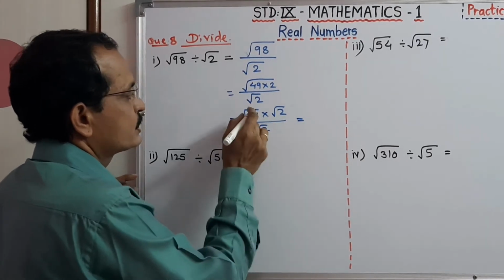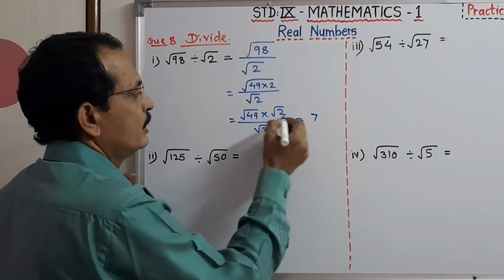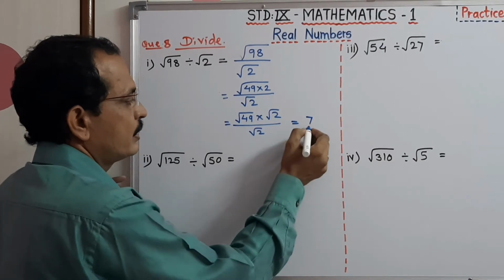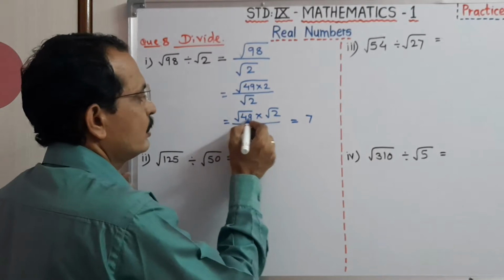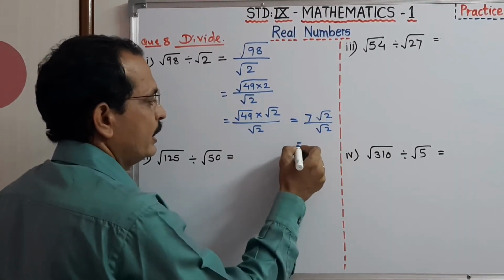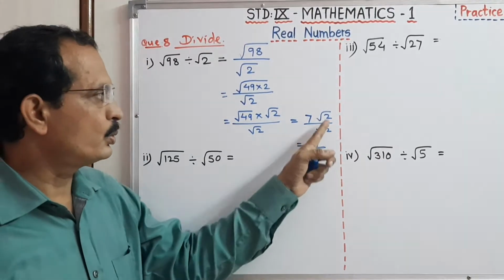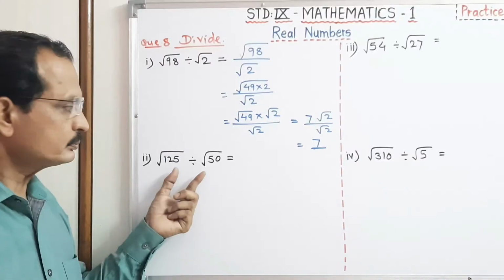We get the square root of 49, which is 7. This root 2 and this root 2 get cancelled. Therefore, the final answer is 7.